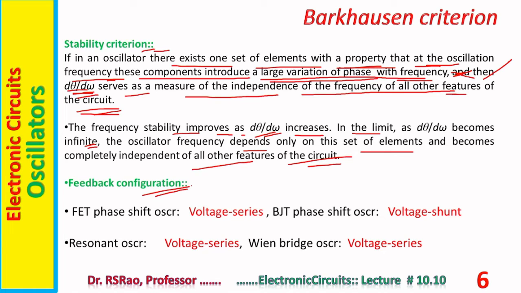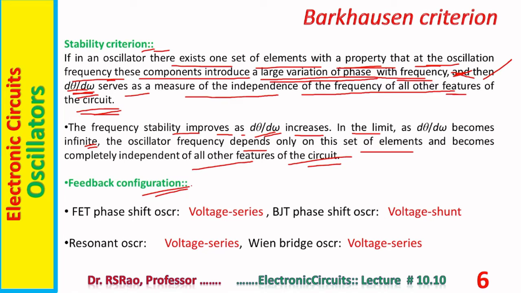If a BJT is used, then it is a BJT phase shift oscillator. If an LC network, a resonant network, is used as the feedback network, then the oscillator is called a resonant circuit oscillator. If a Wien bridge is used as the beta network, then it is called a Wien bridge oscillator. If a crystal is used as the beta network, then it is called a crystal oscillator.